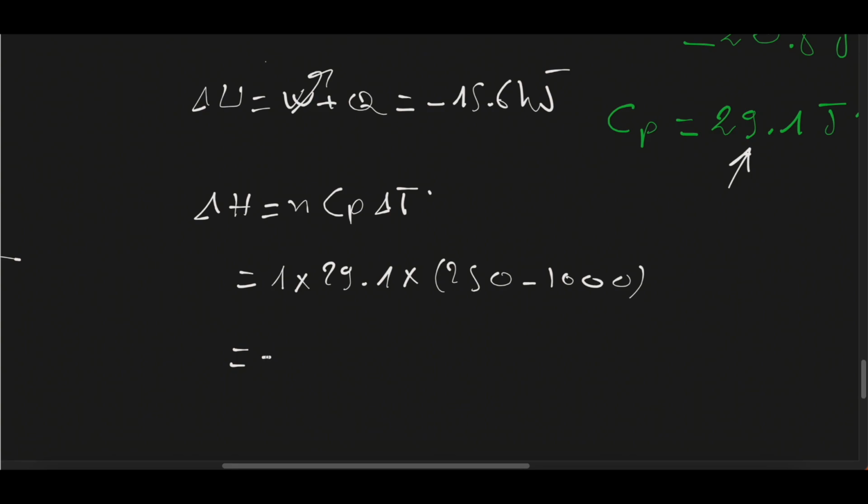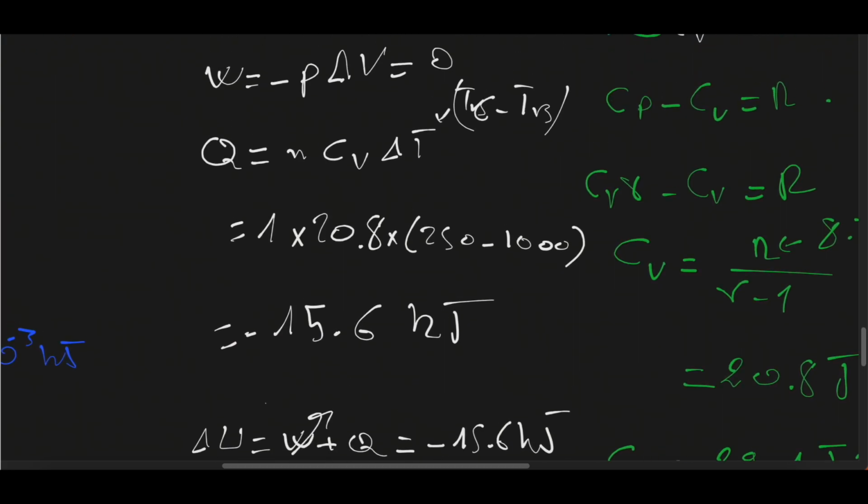Here, the same thing, it will be negative because the final temperature is less than the initial temperature, which gives a value of minus 21.8 kilojoules. So there are these values.